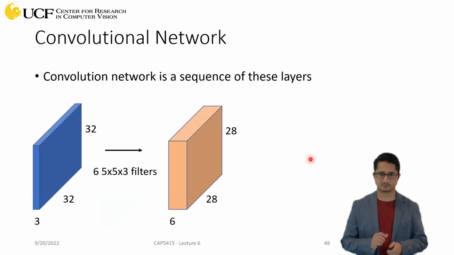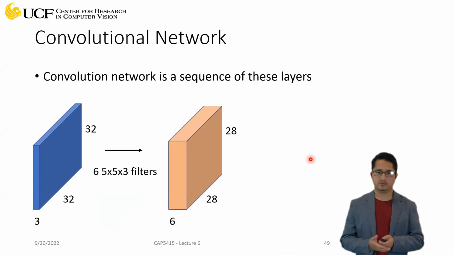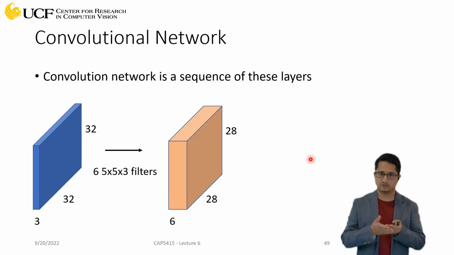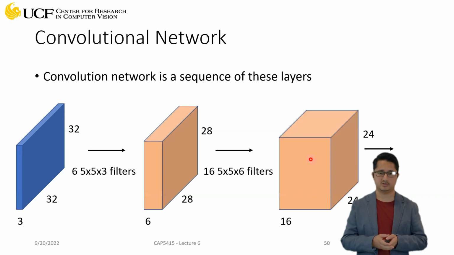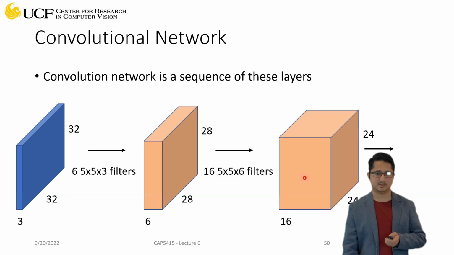So this is one convolutional neural network with one layer. You can just stack these convolution layers on top of each other. That's the first layer. Then you can add one more layer. In this case, the second layer has 16 different kernels. The kernel size is 5 cross 5. And you can see the third dimension we can't control. The 6 is coming from the depth of the input feature map.